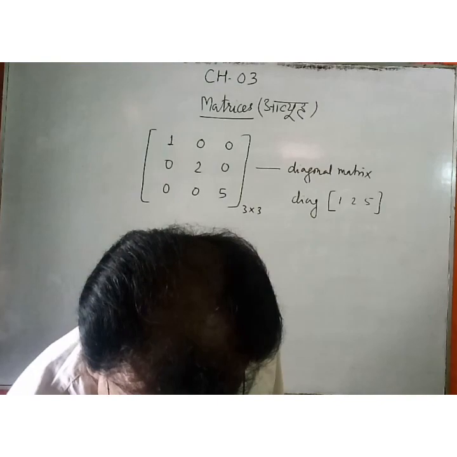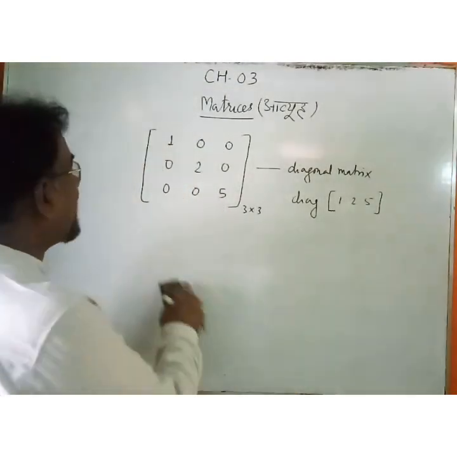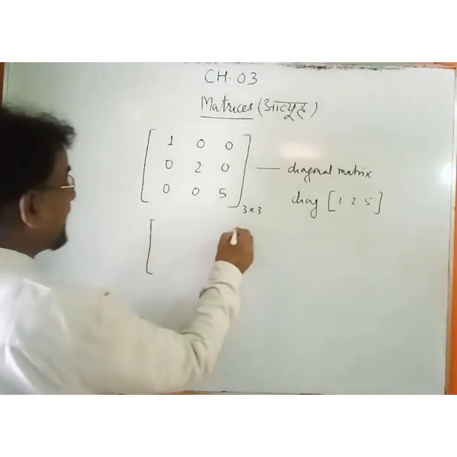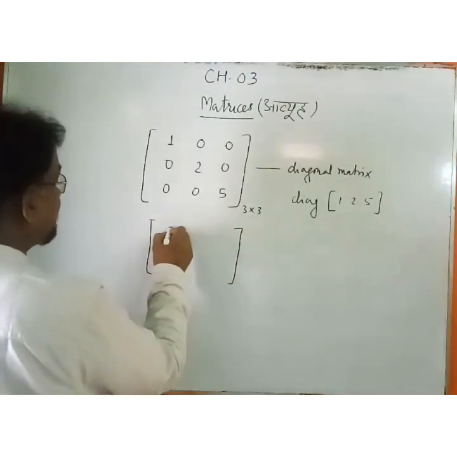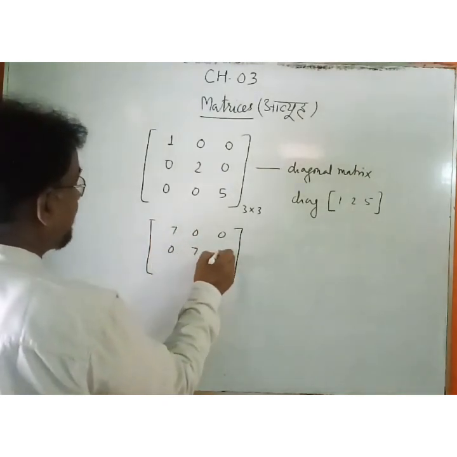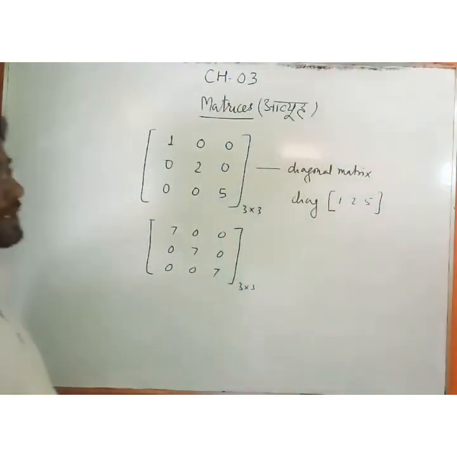And after diagonal matrix we will see scalar matrix, another concept of square matrix. Now you can see, suppose here is 7 0 0, 0 7 0, 0 0 7. Again it is 3 by 3. What speciality you observe?